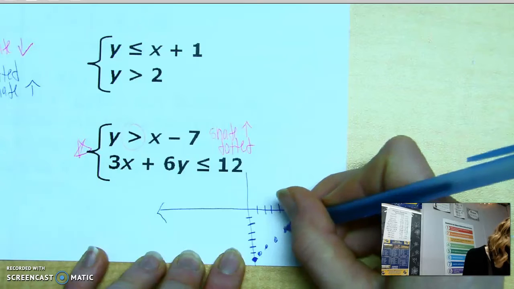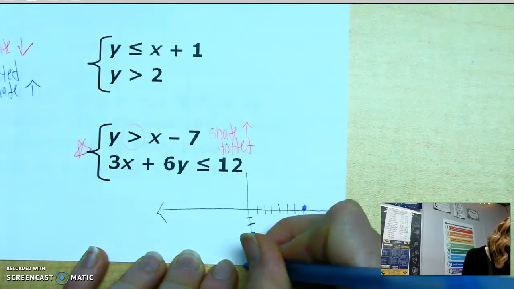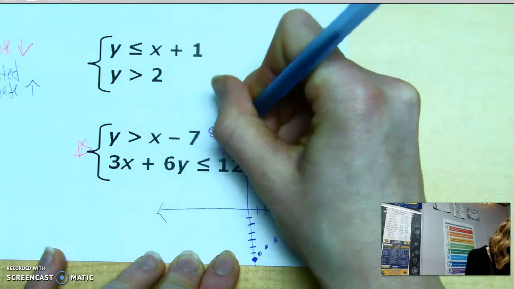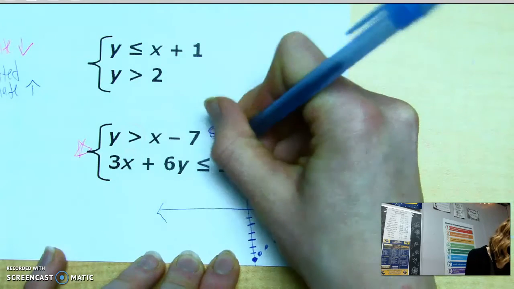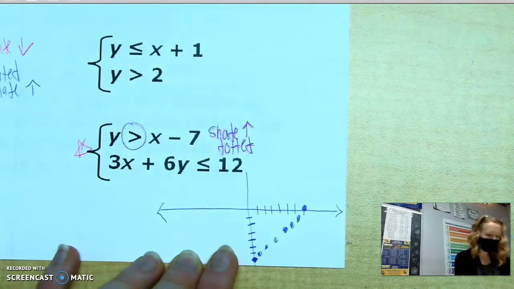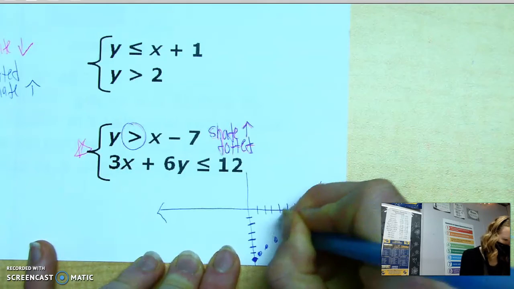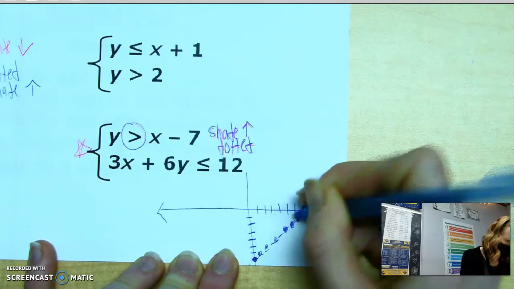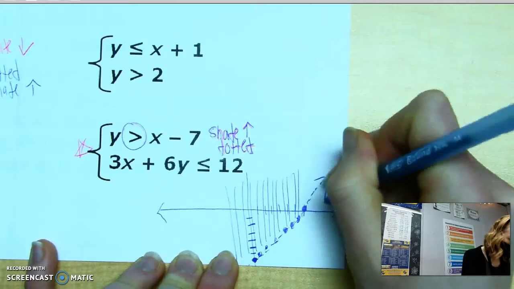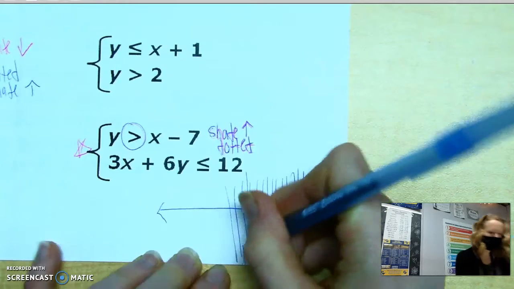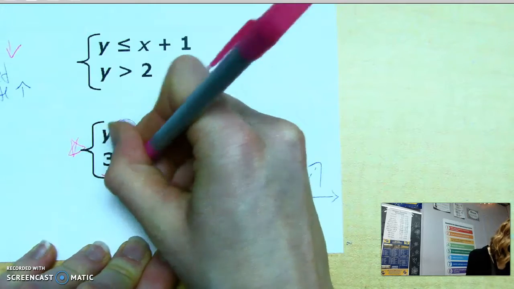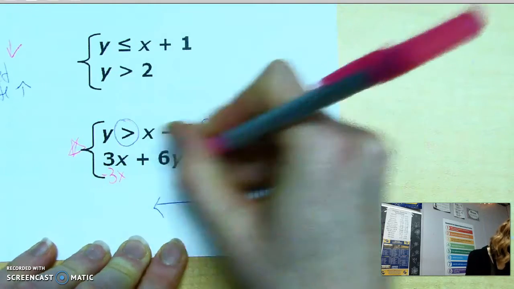This isn't exactly the straightest line in the world. Looks like I used the wrong color, so I'm going to use blue. Okay. So if we have a dotted line, and I'm going to have to shade above, here is my region so far. And then it looks like for this next one, I have a little bit of extra work to do to solve for y.